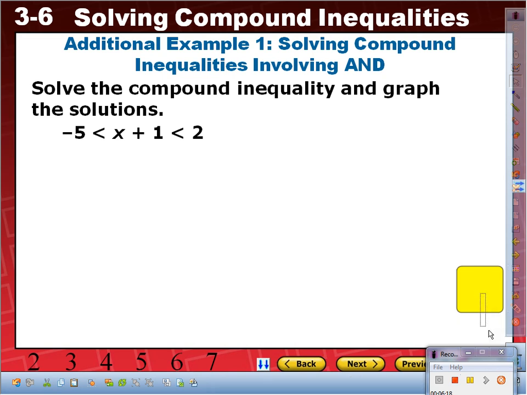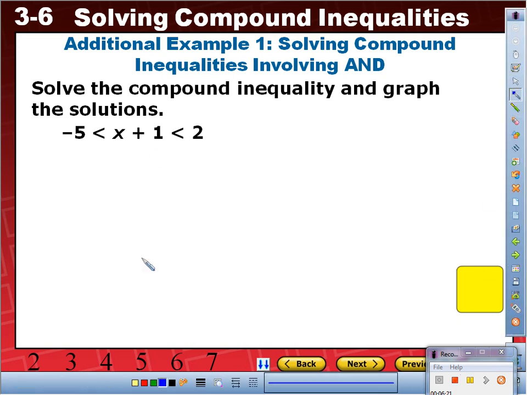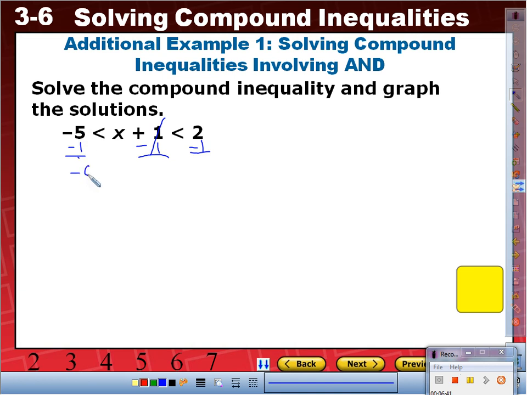Therefore, in order to solve that compound inequality, I need to subtract 1 from here, subtract 1 from there, and subtract 1 from here. So these cancel. We're left with -6 less than x less than 1. Copy that, please.